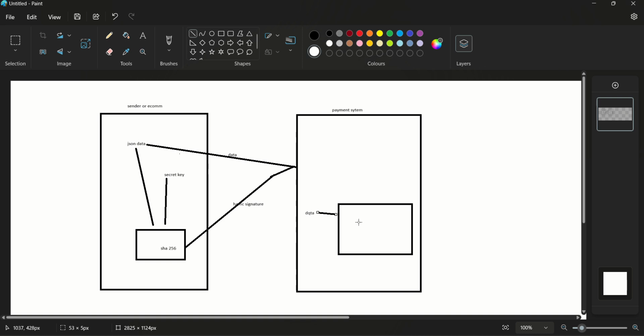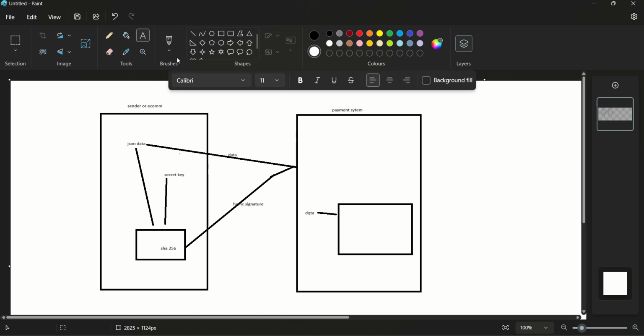So it can again verify the HMAC signature.